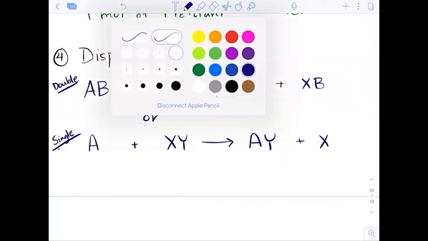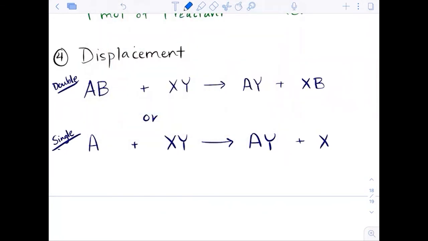A double displacement is going to be two usually ionic compounds interacting together, the outer two and the inner two switch places. They do a do-si-do. It's the cation of one reacts with the anion of the other, and the anion of the first reacts with the cation of the second. So they're really swapping ionic partners.